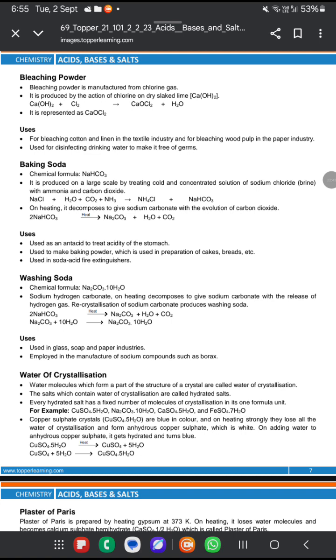Used to make baking powder, which is used in the preparation of cakes and bread, etc. Used in soda-acid fire extinguishers.